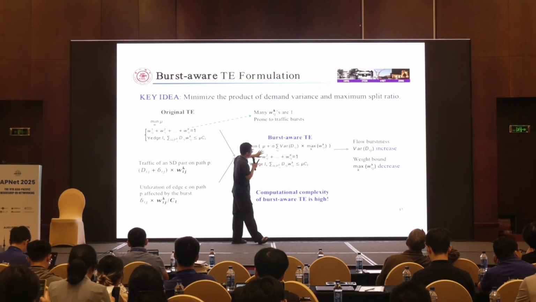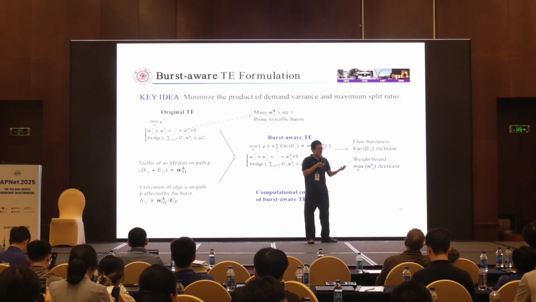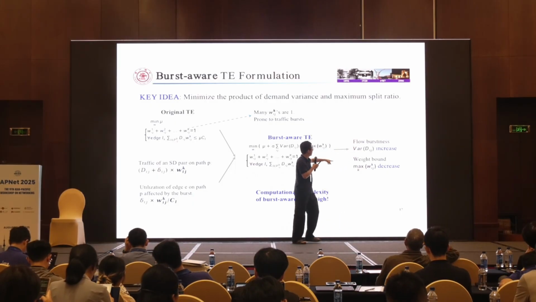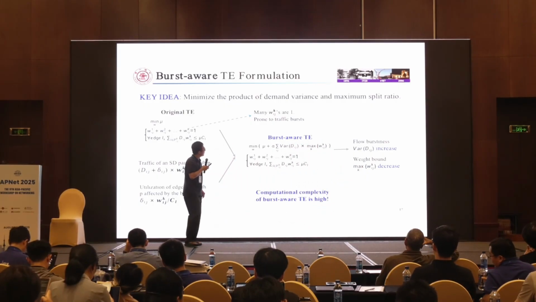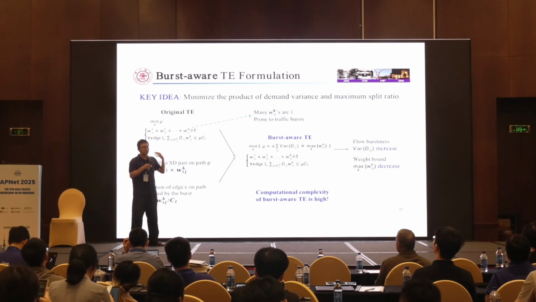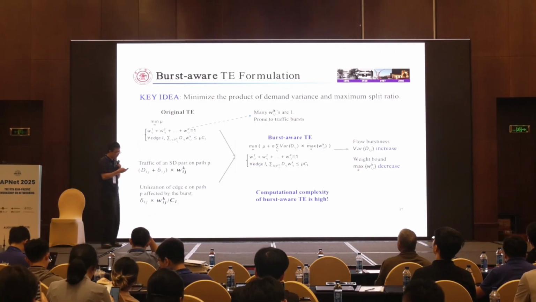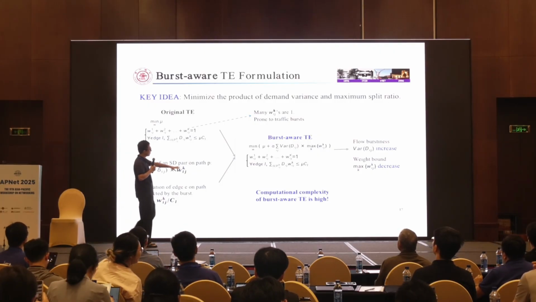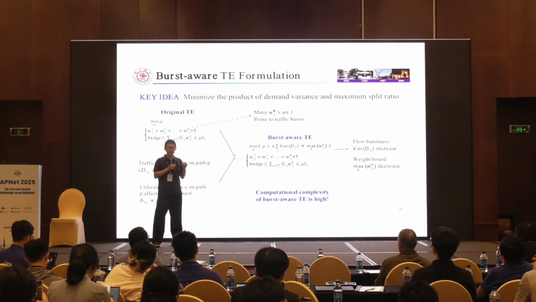By minimizing this, if a flow is highly bursty, the maximum value would decrease. So just by changing this formulation, we can get better robustness for this traffic engineering problem. But here we have another problem: the computational complexity of this burst-aware traffic engineering is pretty high.